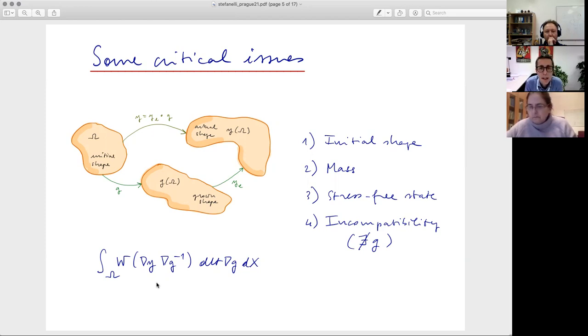So first of all, this issue of the initial shape. Many of you in continuum mechanics know that the reference shape for the deformation is arbitrary, and the change of this should be possible inside your model. And this is also true here. So you are deforming from an initial shape, but it's even worse here because the initial shape is the starting point of an evolution.